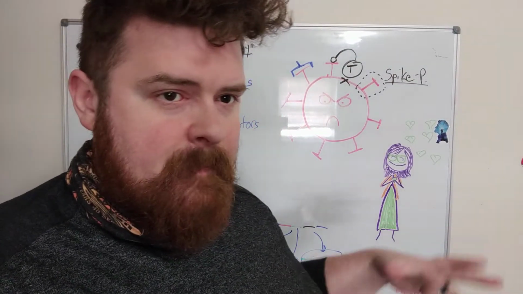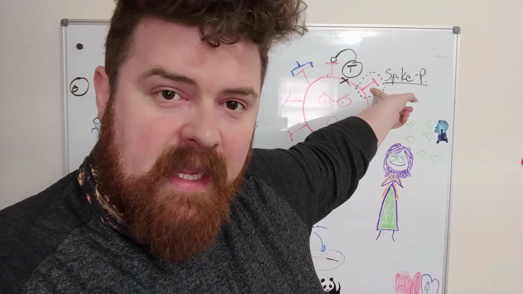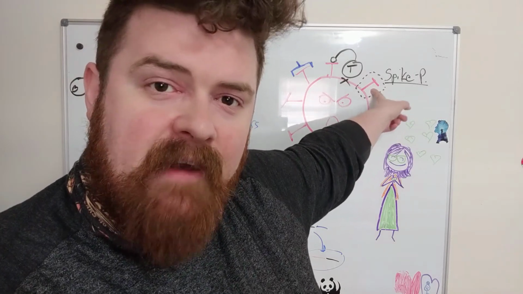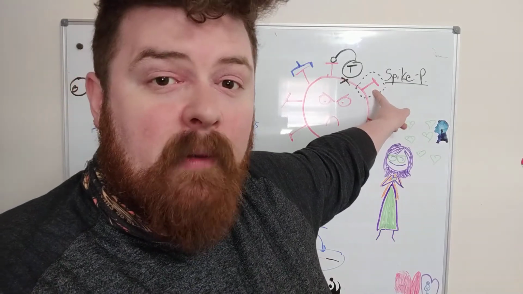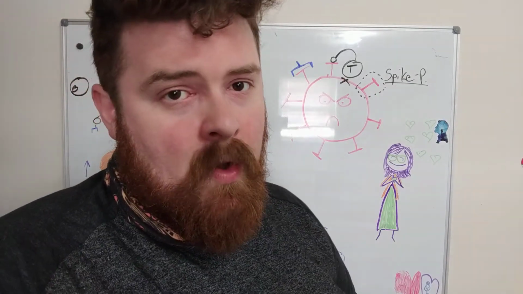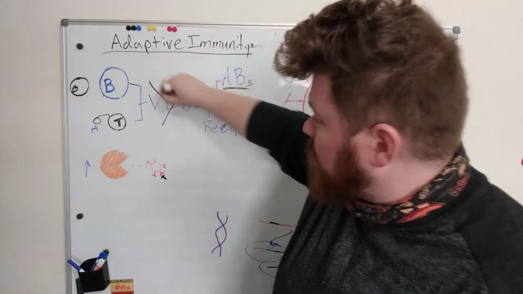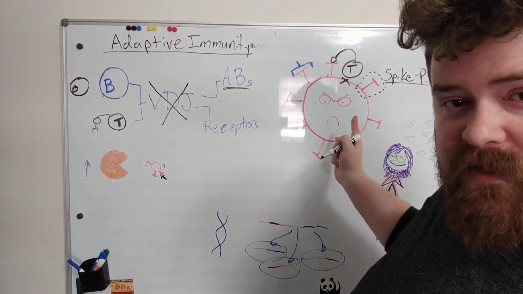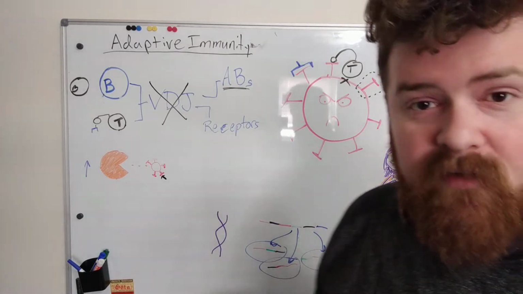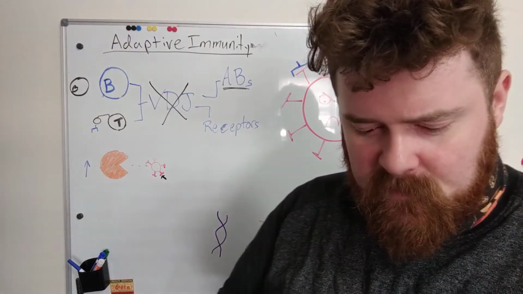Here's the kicker. These spike proteins have adapted to humans and animals, and as such they have evolved certain ways to hinder our ability to kill them. One such mechanism is to inhibit this process. The full-length spike protein from SARS-CoV-2 virus inhibits VDJ recombination.